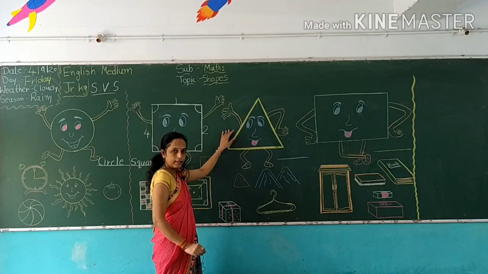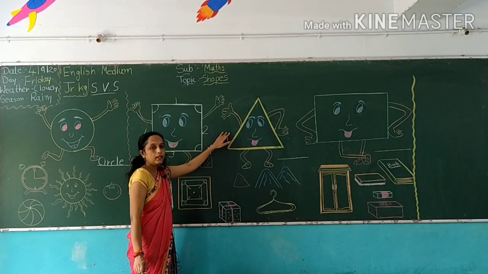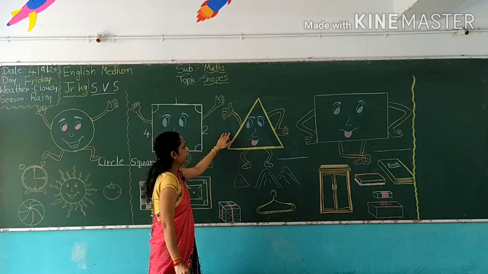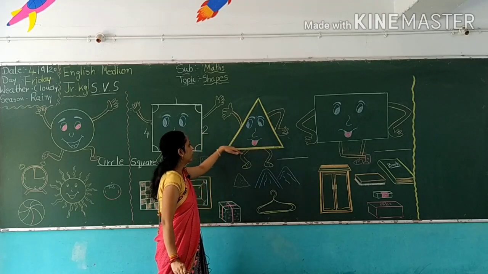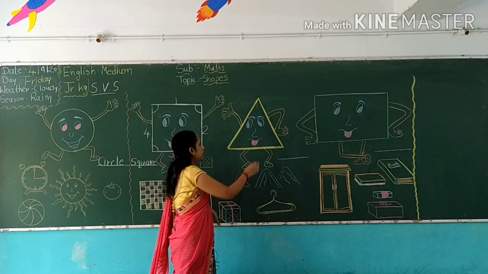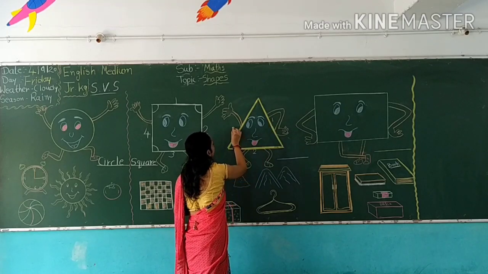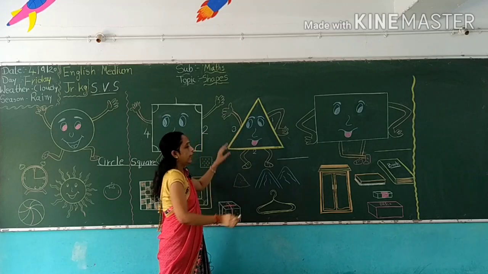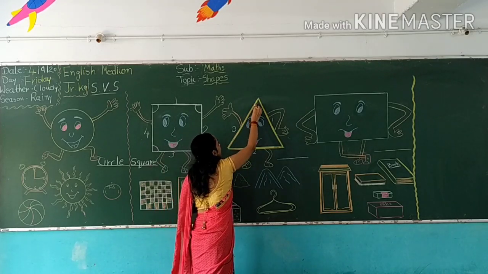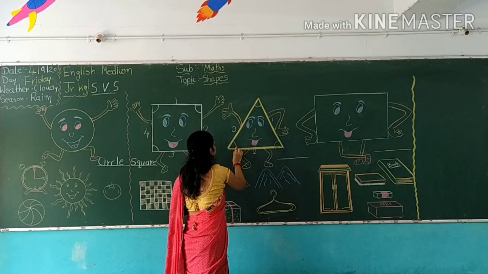And our third shape is triangle. Which shape is this? This is a triangle. It has three sides. 1, 2 and 3. It has 3 sides. Okay. 1, 2 and 3. And it has 3 corners. 1, 2 and 3.